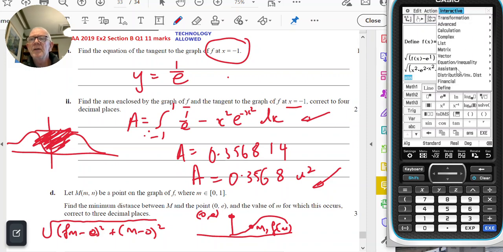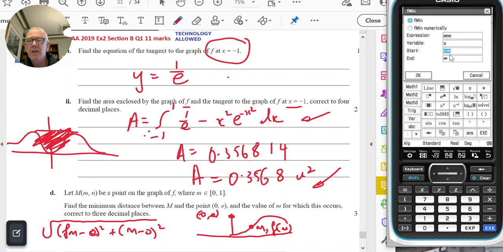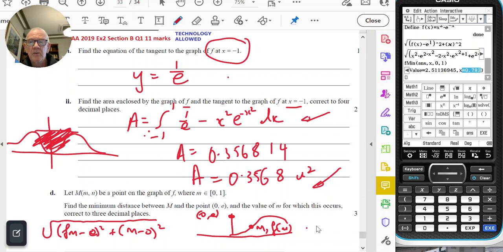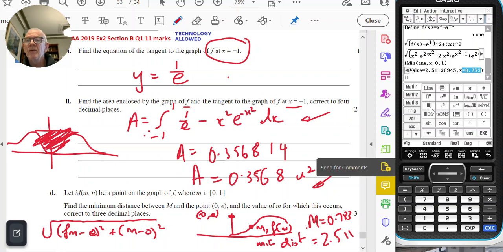So if I go to that answer, calculate f min between 0 and 1, it's going to tell me that the minimum distance is 2.51, and that's when x equals 0.783. So m equals 0.783, and the minimum distance is going to be 2.51, 3 decimal places 1, and what's after the 1 are 3.